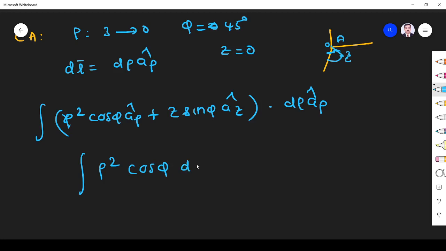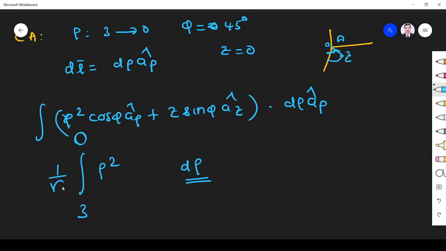So this is rho squared cos phi d rho only. The integration with respect to rho varies from 3 to 0. What is the phi value? Cos 45, which is 1 by root 2.